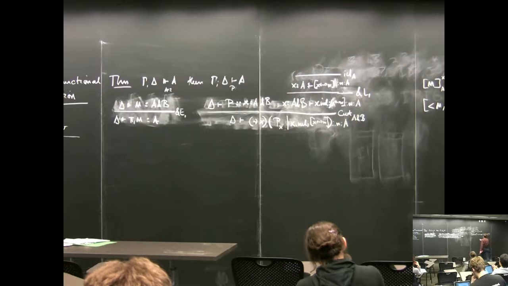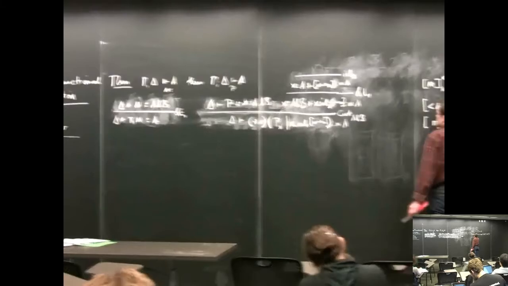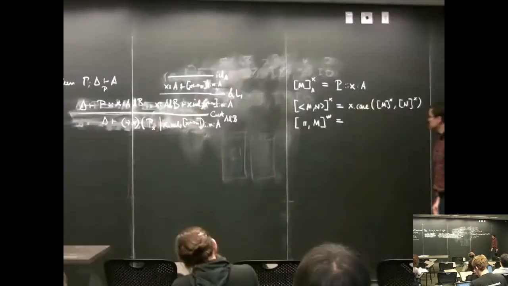Okay, so let's write down the translation here, just to be clear. So the translation of pi 1 of m with respect to a channel W. Okay, so what does it look like?